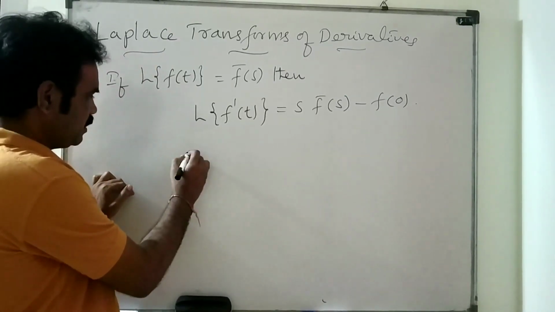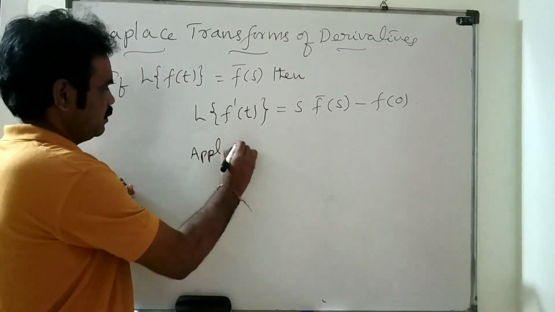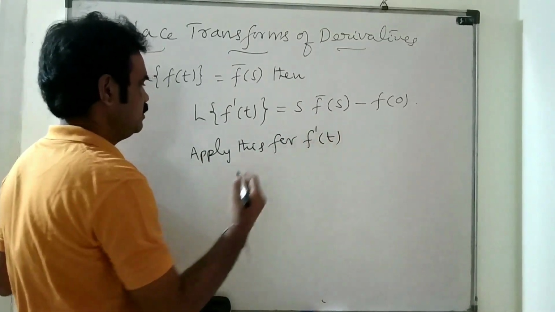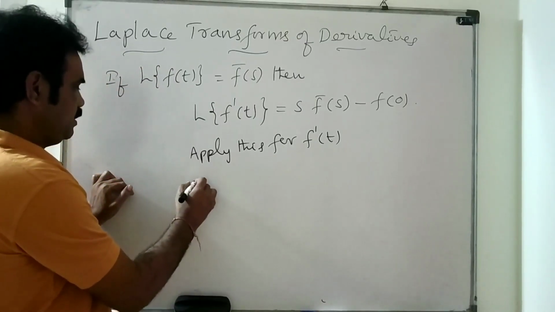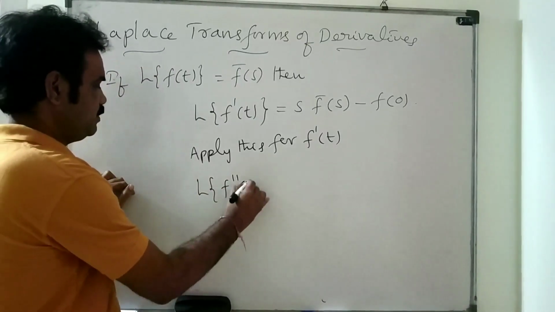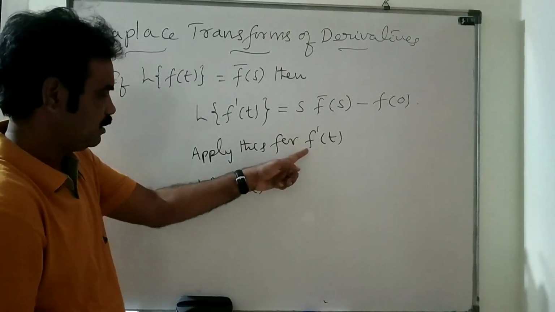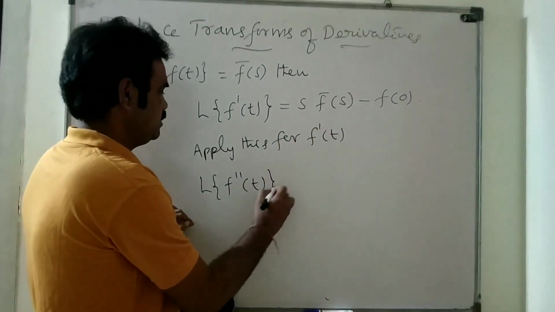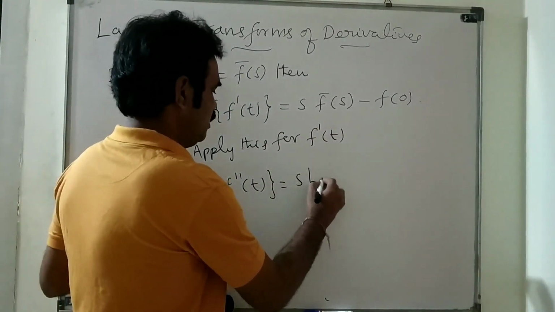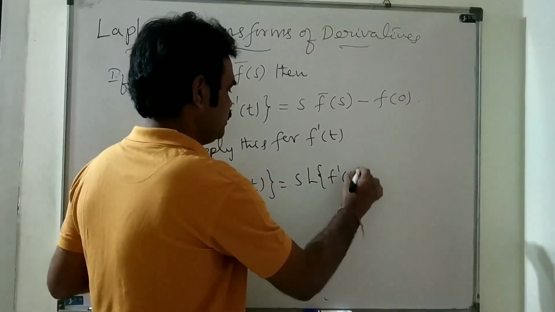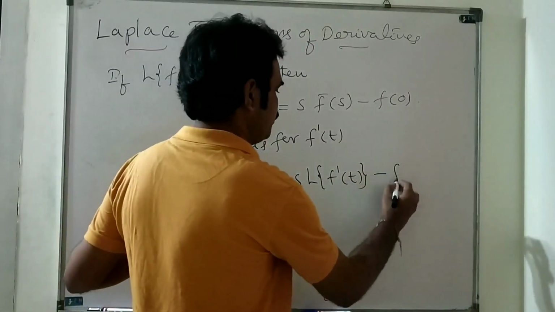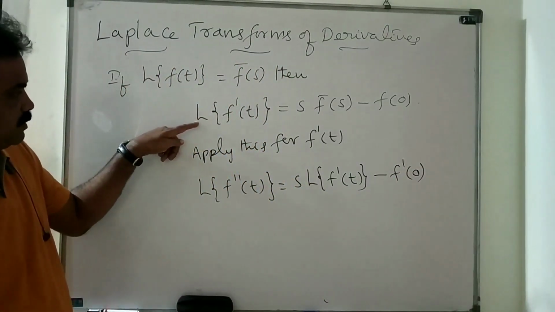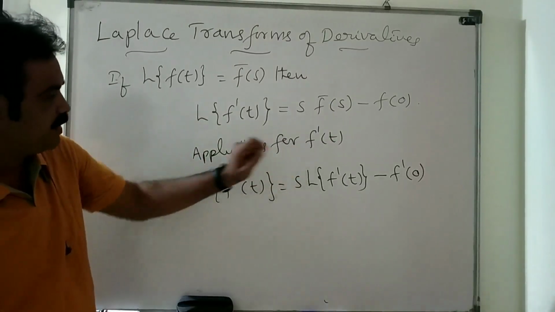Now we can apply this for f dash of t. Then L of f double dash of t, that means for its derivative, L of f dash of t whole dash, that is L of f double dash of t, is equal to s into L of f dash of t minus f dash of 0. We are applying this property for f dash t.